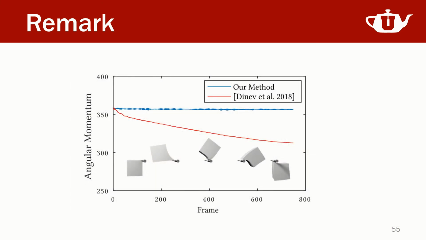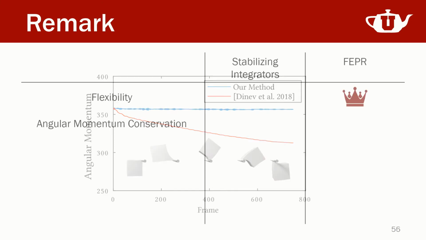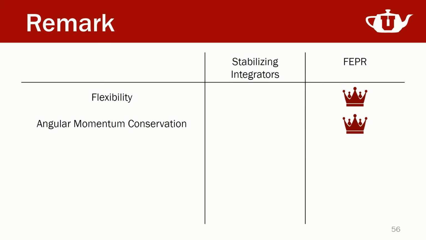We plot the angular momentum around the spinning axis, and we can see that the blue graph, FEPR, almost conserved the angular momentum toward the end, while the red graph, stabilizing integrators, loses it from the beginning because of the blending of backward Euler. So I'd argue that FEPR has a better angular momentum conservation property.